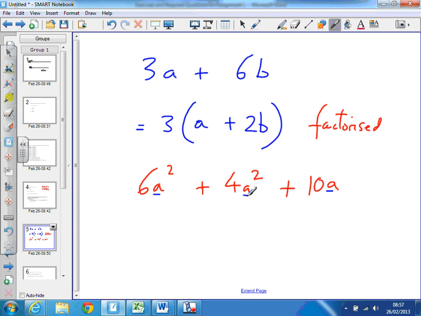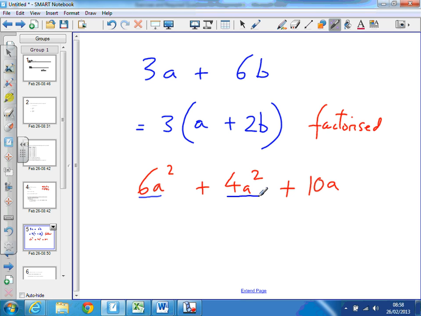We don't know what A is, but it's the same number every time. A squared is a number. This term, if I put a circle around it... Oh, no, that's okay. A squared is a number. And it's the same number here. A squared is the same number. So if they're the same, exactly A squared, then that's the same number. Whatever it is, we don't know what it is. So 6 lots of A squared plus another 4 lots of A squared is 10 lots of A squared.